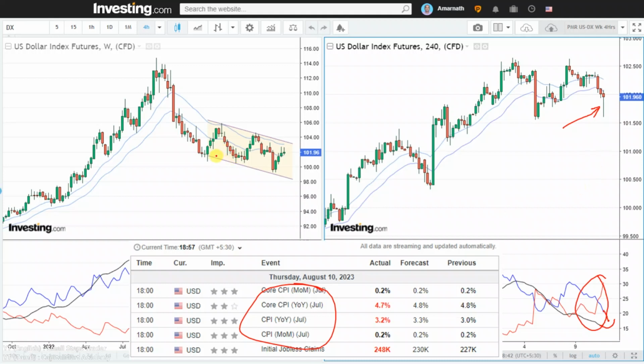If you see the weekly chart, there is no sign of touching the channel resistance, so the probability is now in the downside. Tomorrow we'll get a confirmation for next week's movement.